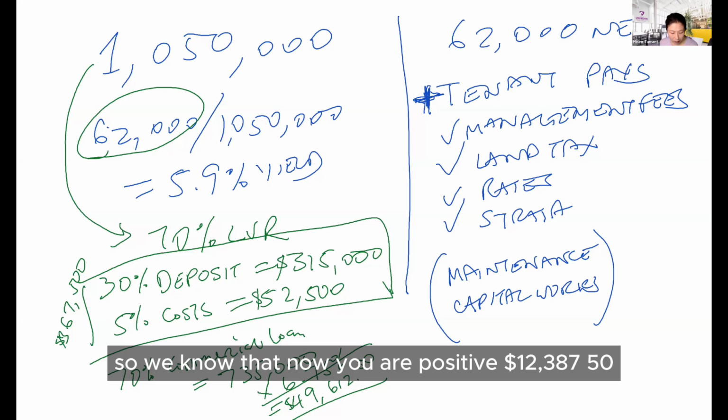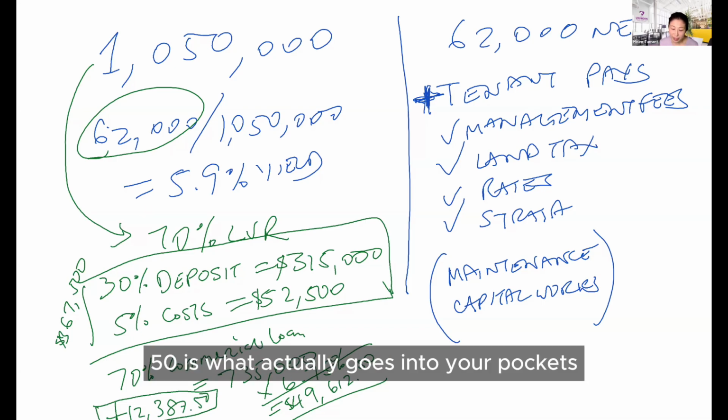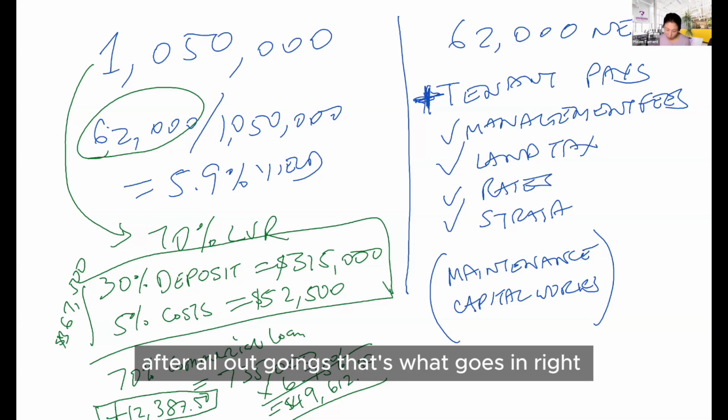So we know that now you are positive $12,387.50. Now, that $12,387.50 is what actually goes into your pockets after the mortgage has come out. After all outgoings, that's what goes in, right?